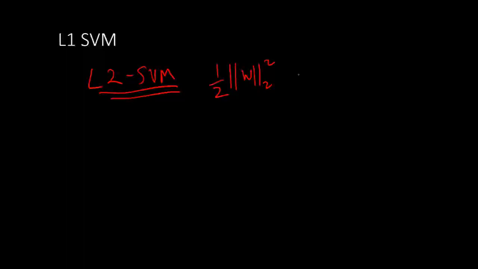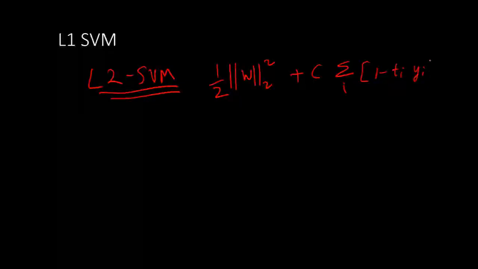plus some C times the sum of the hinge loss terms, 1 minus y_i times the score.